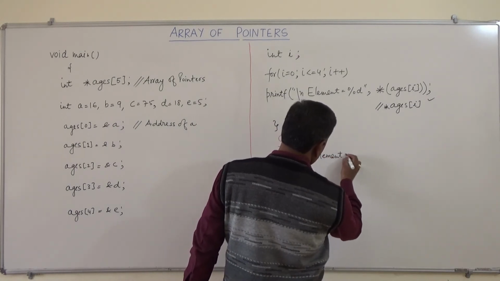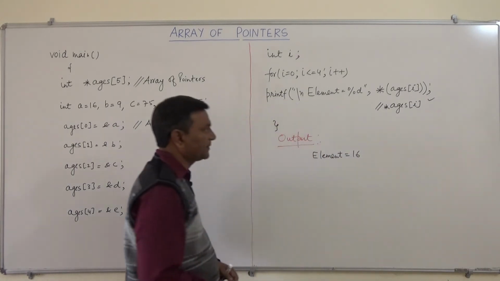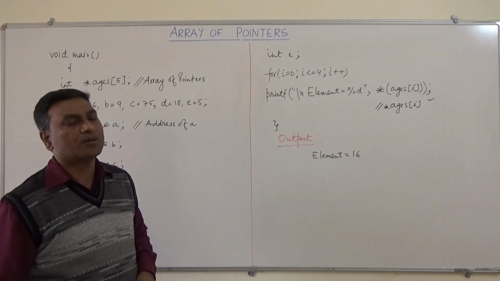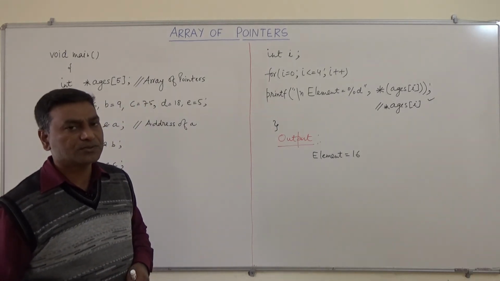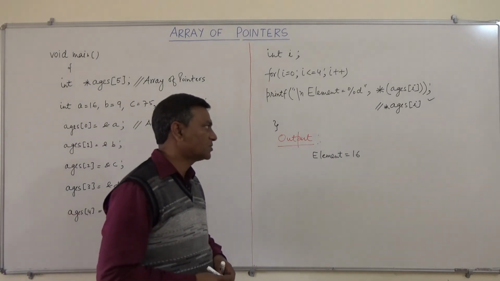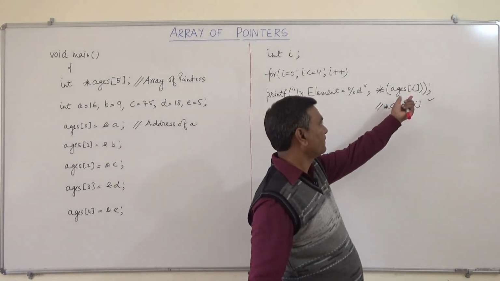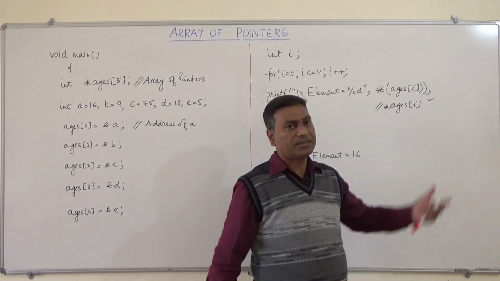Element equals 16. Now the value of i will be incremented, so it will be 1. So ages 0, this will be ages 1, value at this particular address.